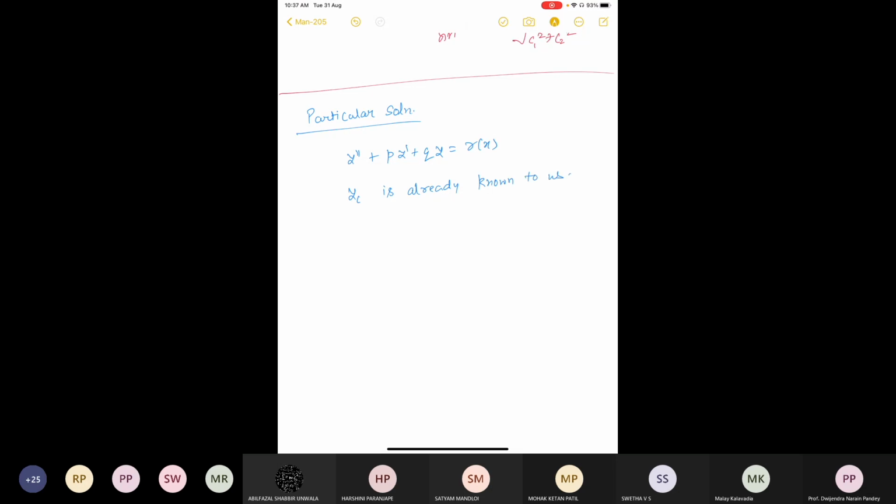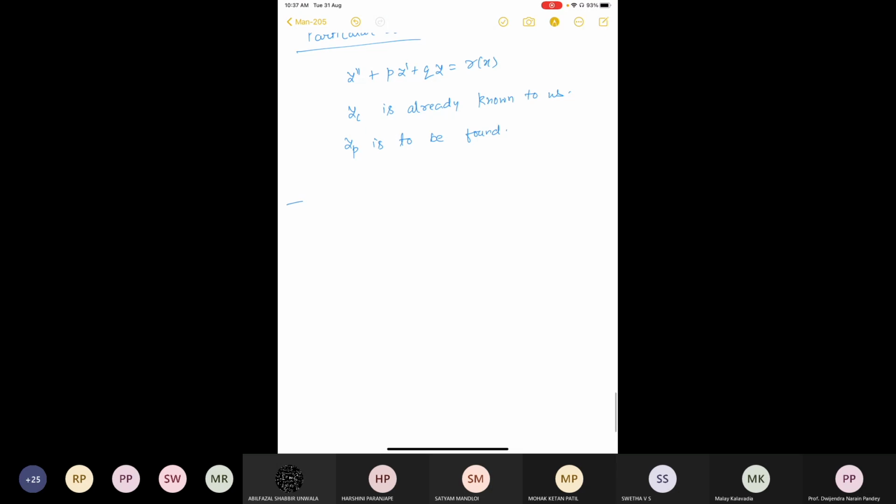So the only thing we have to find out is yp. So how can we find it? There are several ways to find yp in the case of constant coefficients. So if p and q are constant coefficients, then there are several ways to find yp. Let me write it one by one, and then you'll see how to proceed.